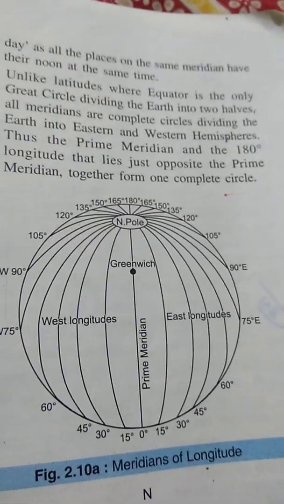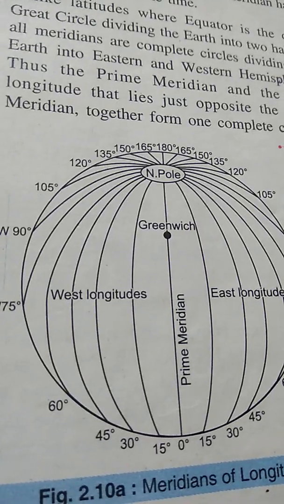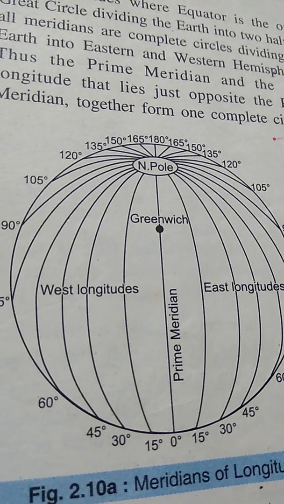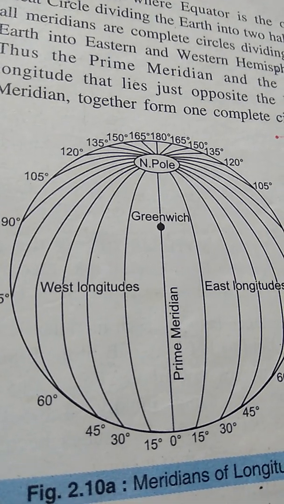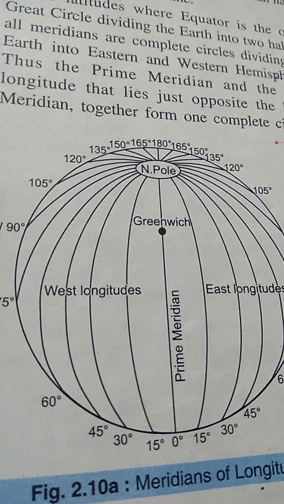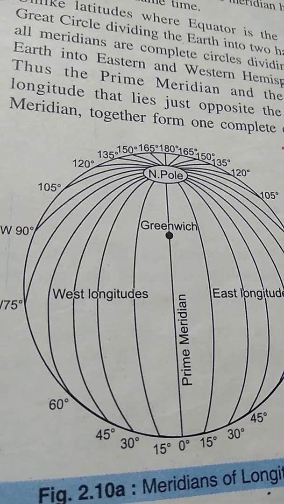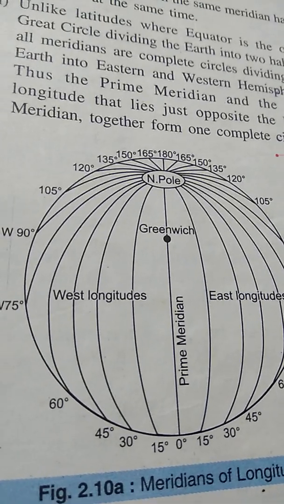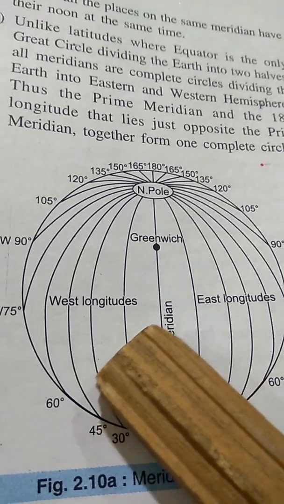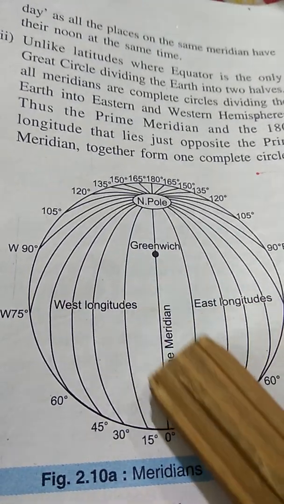I'll give you more explanation with the help of this diagram of longitude. It is given that if the earth rotates on its axis in 24 hours, all the 360 degrees on the round are taken for a 15 degree difference from one meridian to the second meridian.